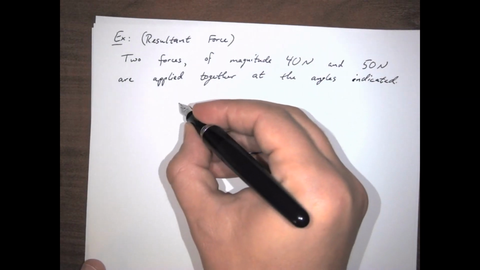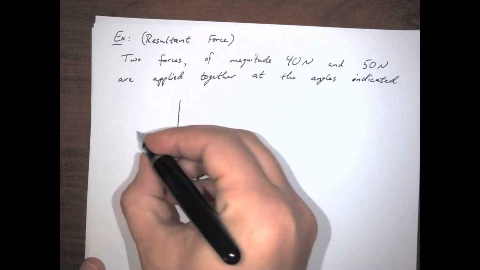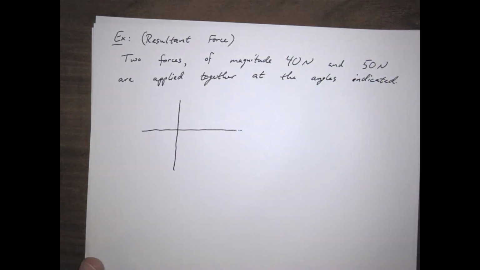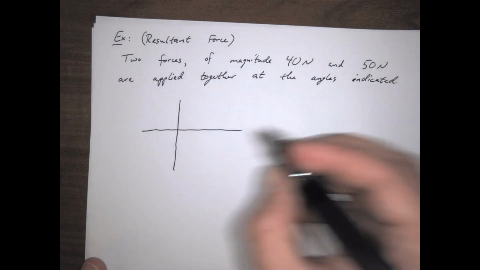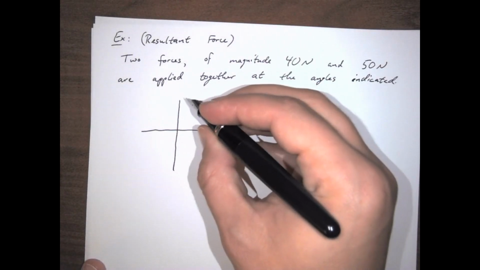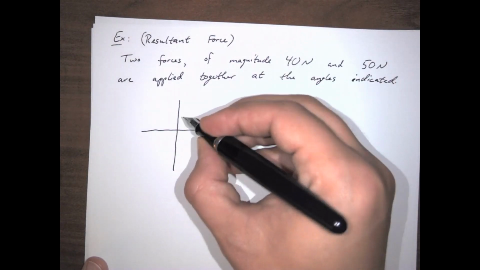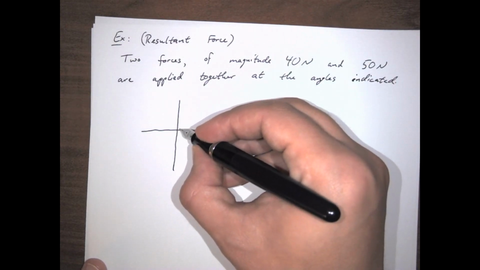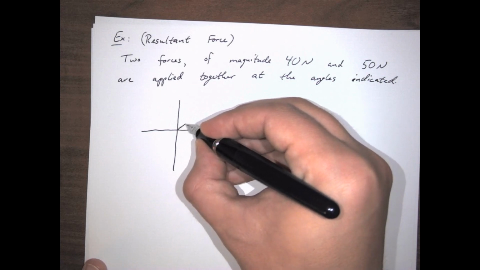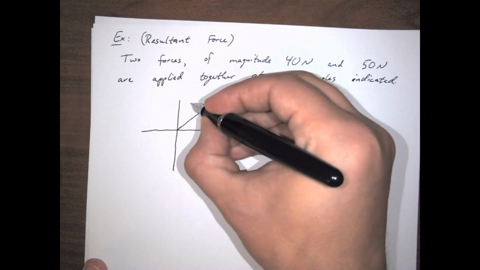So here, I'm just going to draw us a diagram. Picture's worth a bunch of words. We're going to have the magnitude 40 newton force at an angle of 45 degrees, so this is F1.